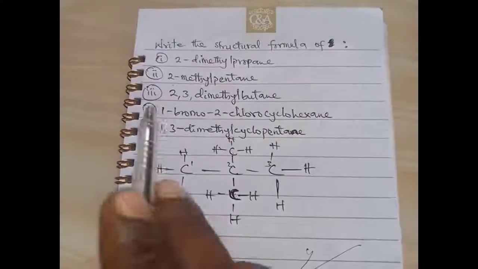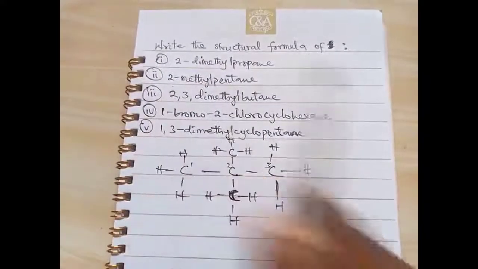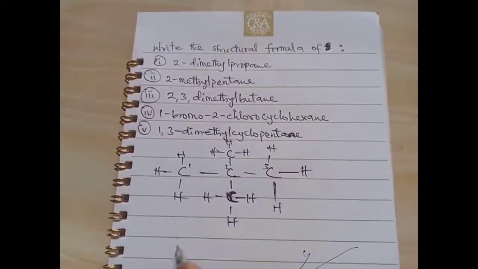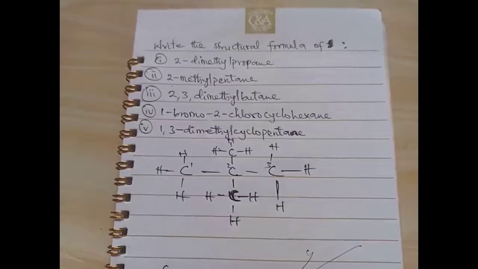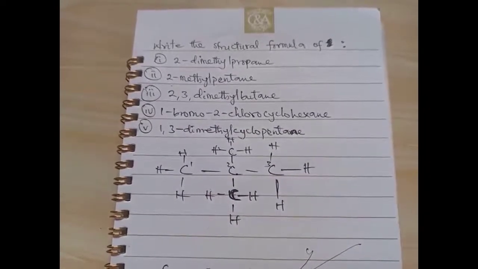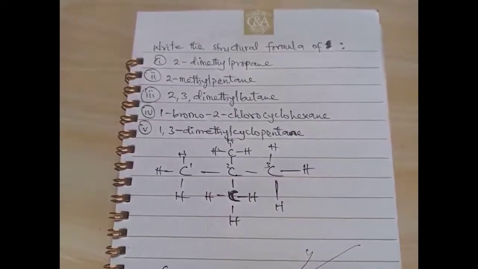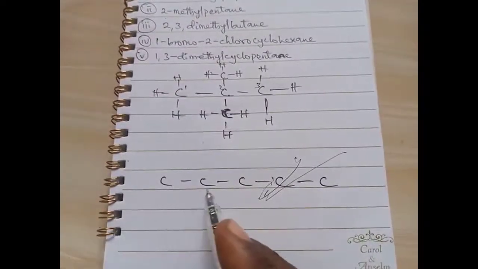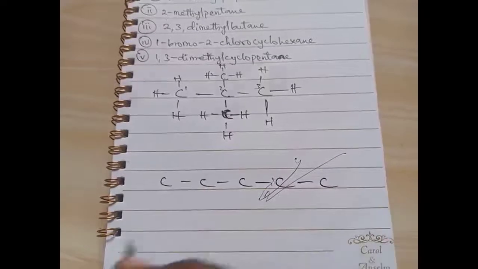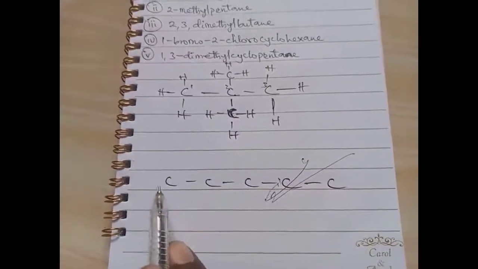The next one says 2-methylpentane. Pentane is the parent chain. So 5 carbon atoms. 1, 2, 3, 4, 5. So 2-methylpentane.